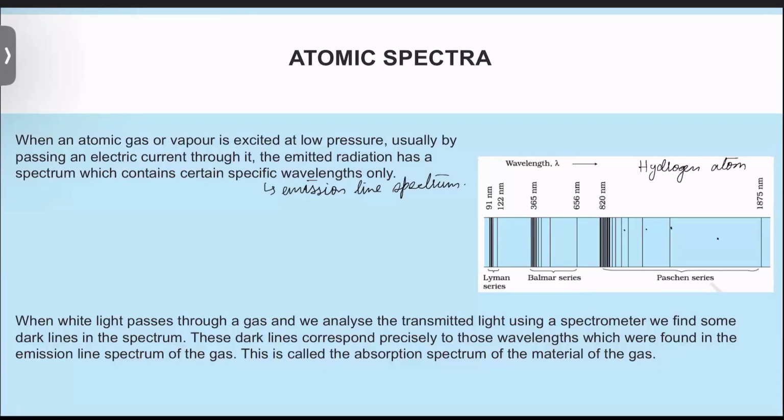This is called the absorption spectrum of the gas. Why? Since there is a dark band at particular wavelengths, the light is absorbed at those wavelengths that are particular to that gas.